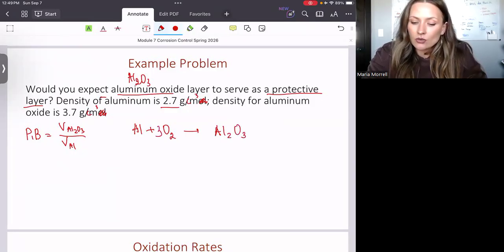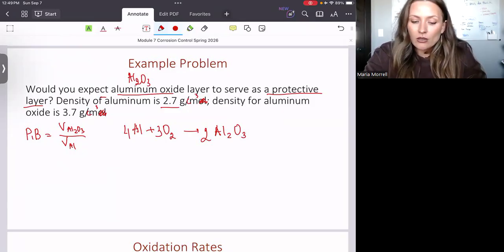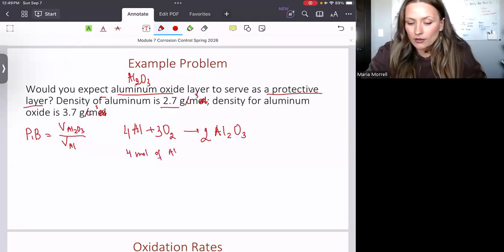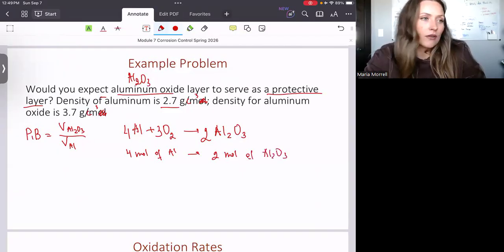Now let me try to balance out this equation. Okay. Now it looks like 4 moles of aluminum, right, produce 2 moles of aluminum 2O3, right?